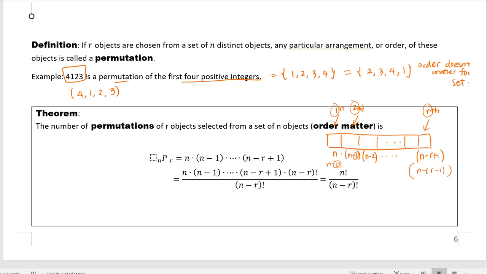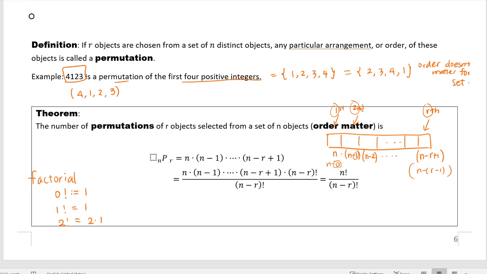Furthermore, if you multiply the numerator and the denominator by n minus r factorial. So what is factorial? Zero factorial is defined to be 1. 1 factorial is 1. 2 factorial is 2 times 1.